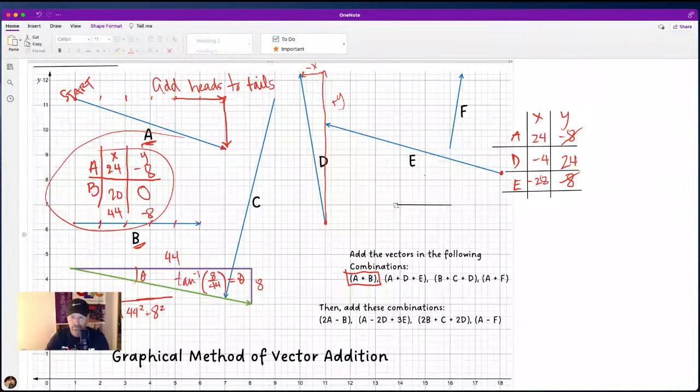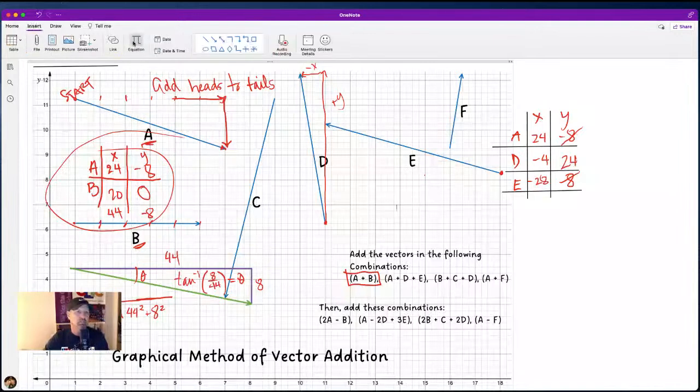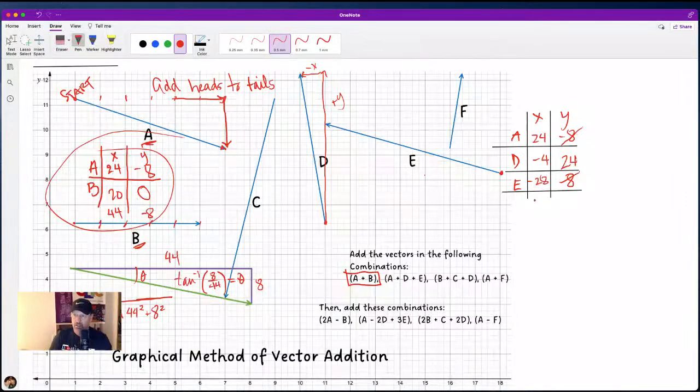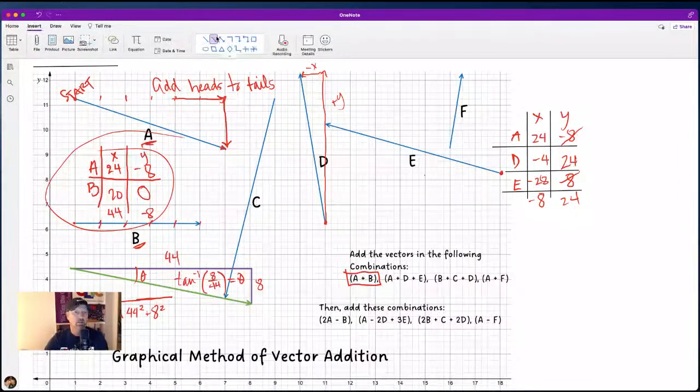Let's get rid of that and just start again. We'll do insert, and we go -8. Where's my -8 and 24? So we'll do our insert, and we'll do an arrow, and let's imagine this is our origin right here.